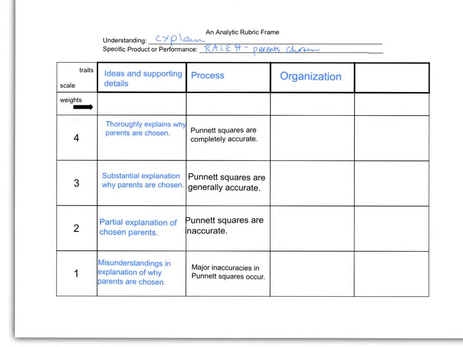So thinking about organization, I'm thinking about their writing. Have they organized it so that I can understand it? So I think what I'll go with here is clarity, degrees of clarity. So I'm going to say that their writing is exceptionally clear and well crafted.